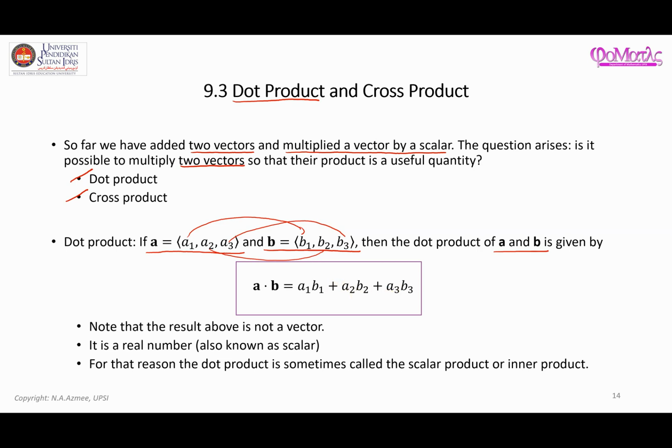Note that the result is not a vector, because you end up with one single number. It is a real number, also known as a scalar, and for that reason the dot product is sometimes called the scalar product or inner product.